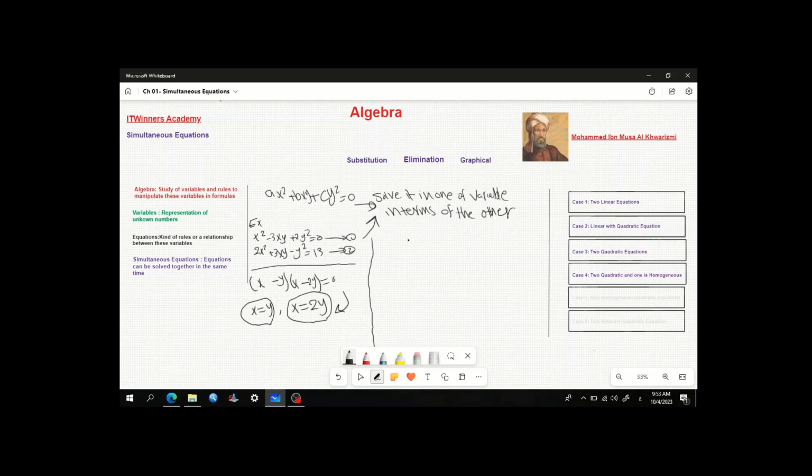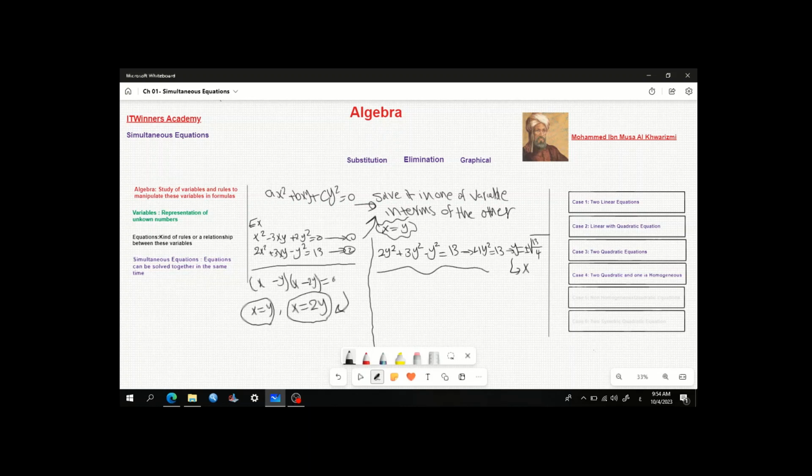First, x equal to y. So 2y squared plus 3y squared minus y squared equal to 30. So 4y squared equal to 30. Then y equal to plus or minus square root of 30 over 4, and that is x too.